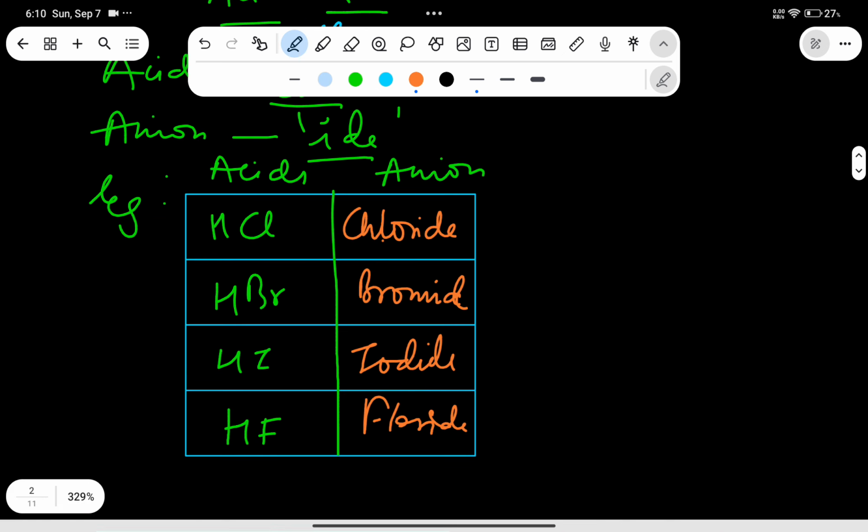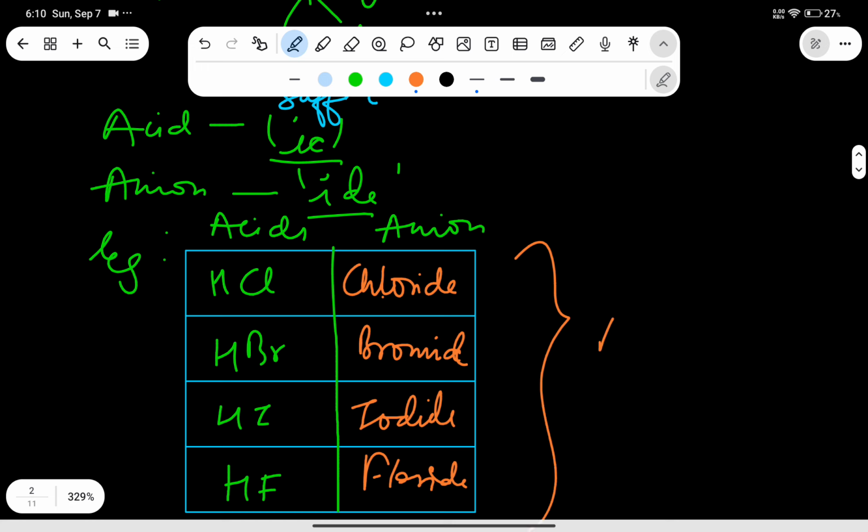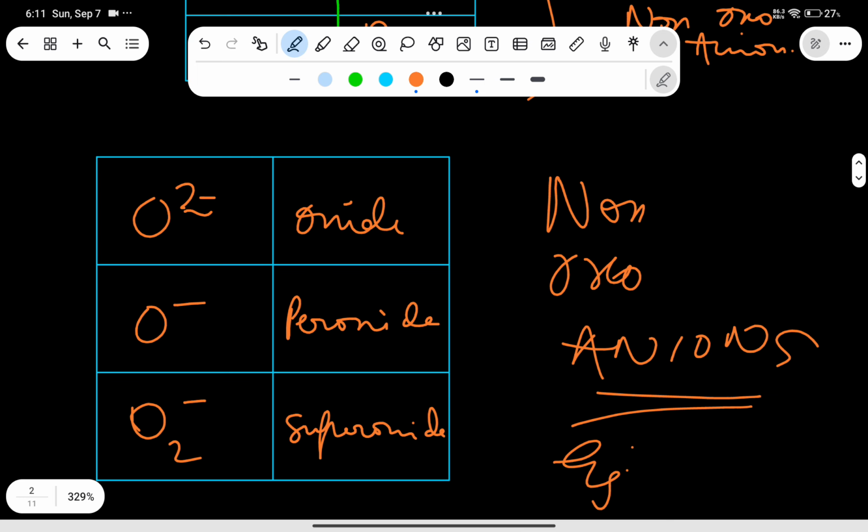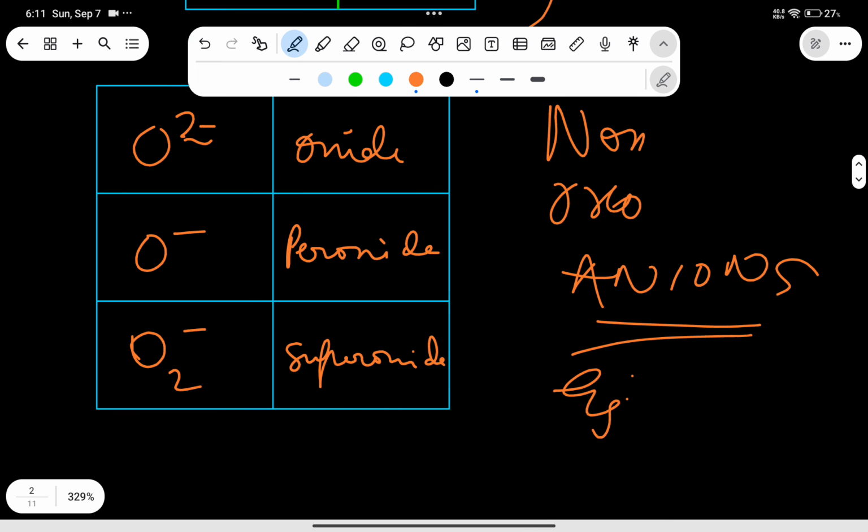So basically you understood how these are acids derived non-oxo anions. But as you can see, these are just non-oxo anions which may be derived from some covalent hydrides.